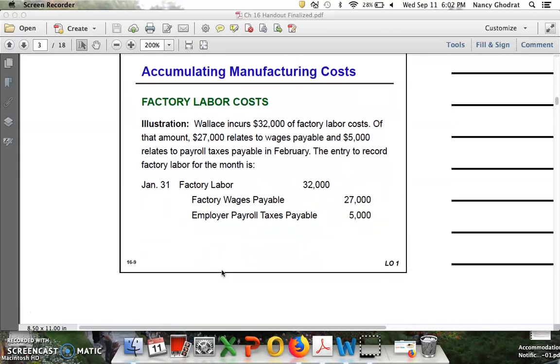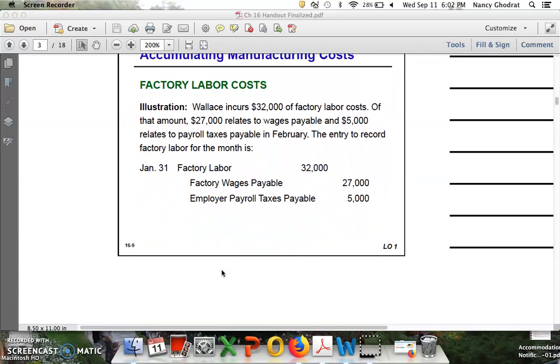So in this example, the company Wallace incurs $32,000 of factory labor. Out of it, $27,000 relates to wages. That's what we're going to pay our employee. That's their net pay. And then the $5,000 is the payroll tax that they have to turn around and give to the government for Social Security, Medicare, unemployment.